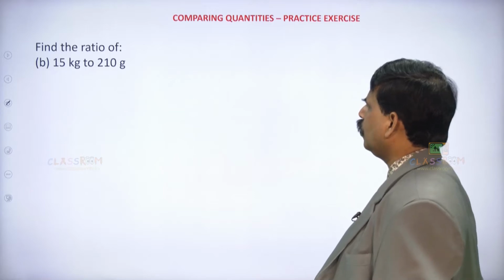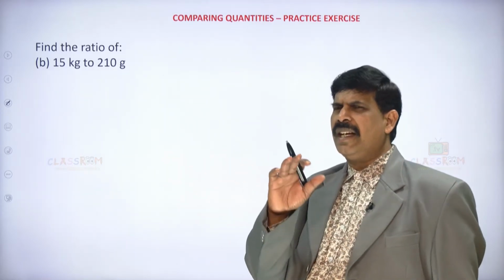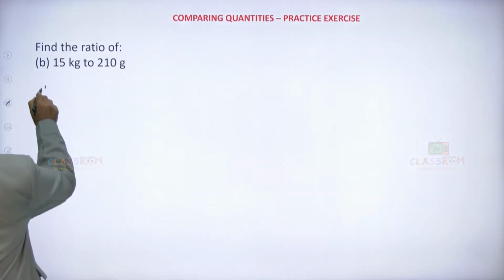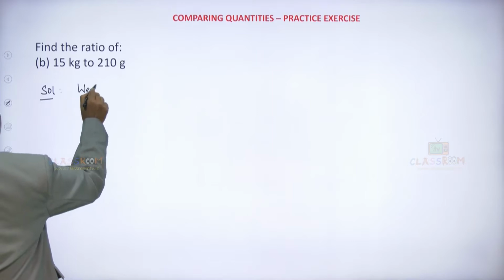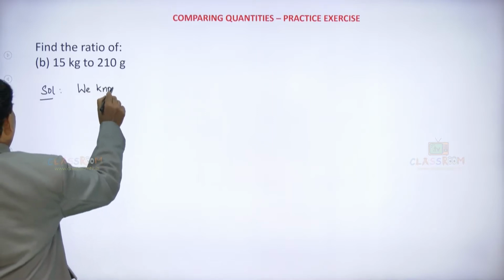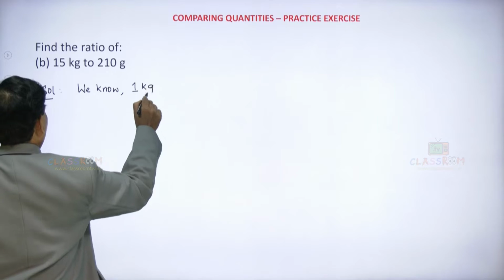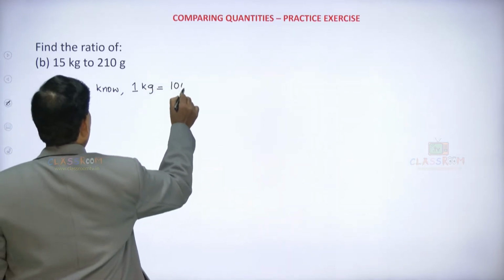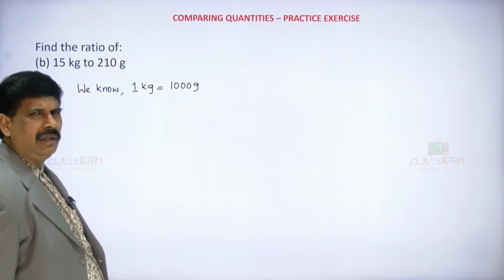15 kg to 210 grams. So one is in kg and another one is in grams. So we know one kg is equal to 1000 grams.